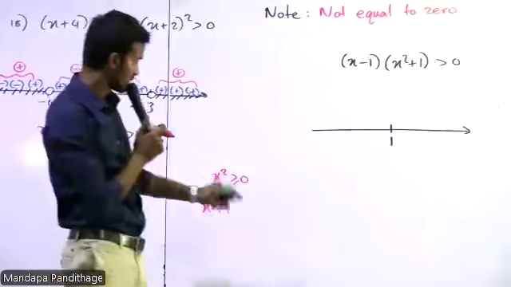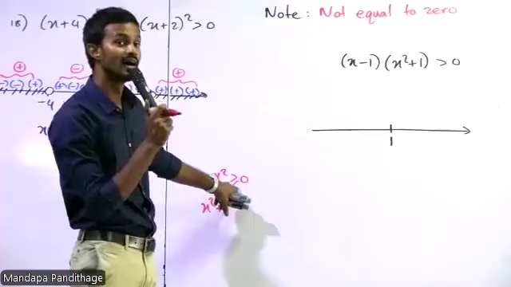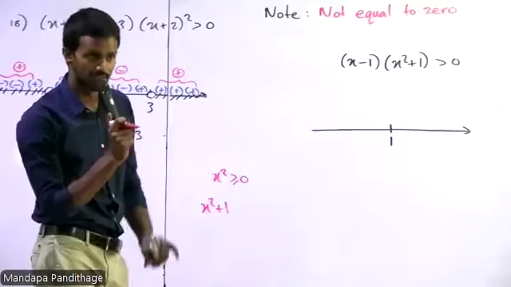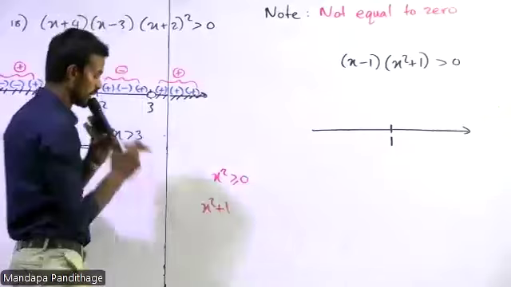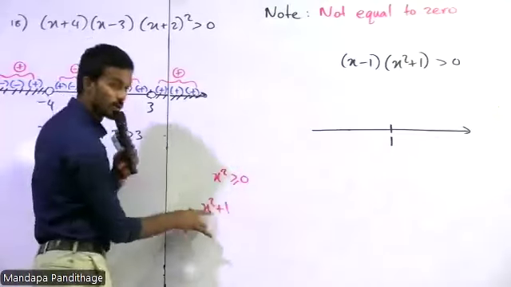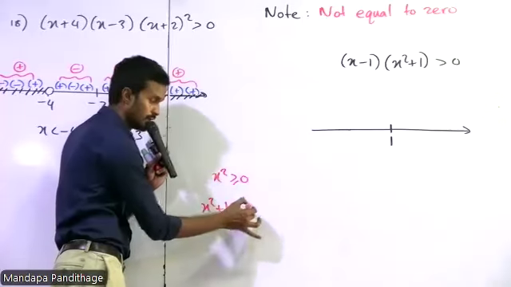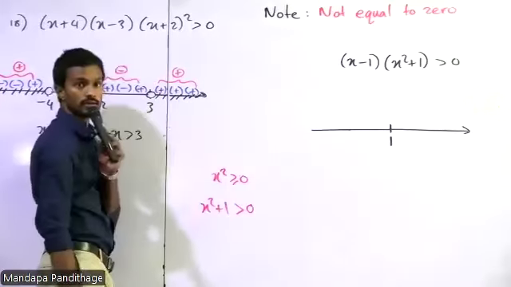What is the reason that we are putting this equal mark? If we consider the square of 0, it's 0. So now if I write x squared plus 1, this is always greater than or equal to 1. Even when x squared is 0, we still have this plus 1, which means it's greater than 0. No equal mark.